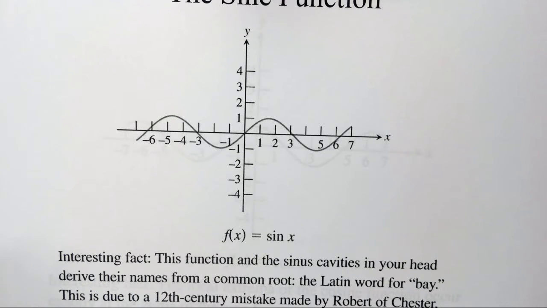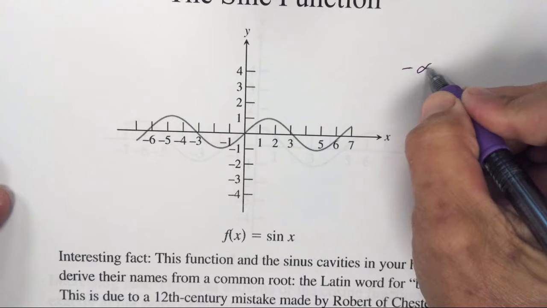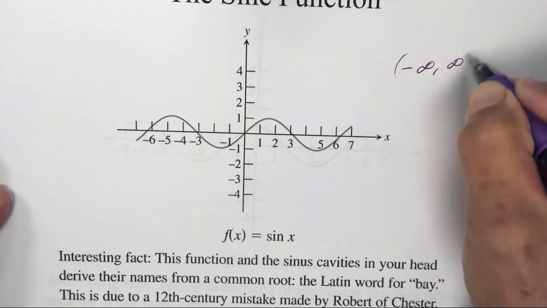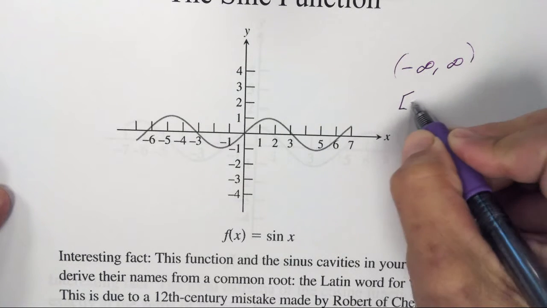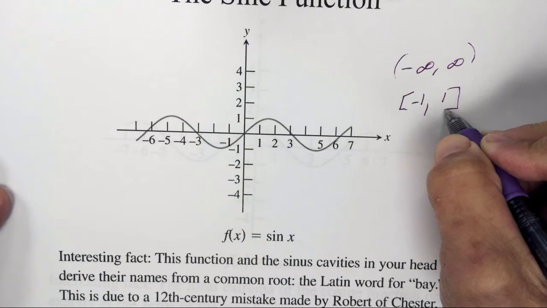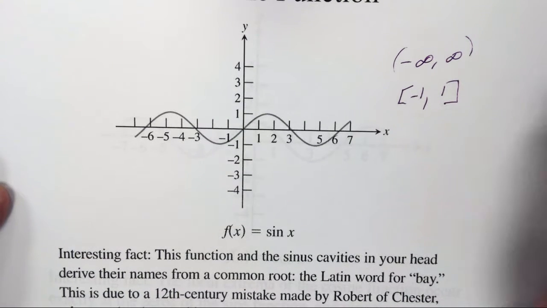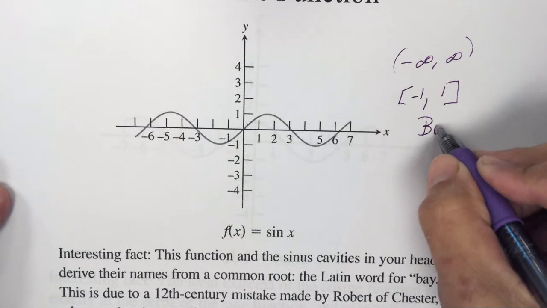If I gave you this picture, I would expect that you could tell me the domain of this is what? All real numbers. The range of this is what? -1 to +1.